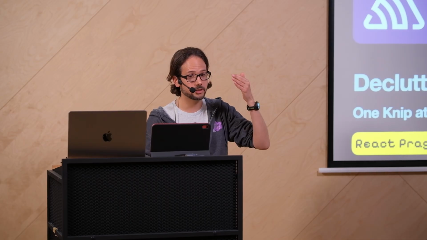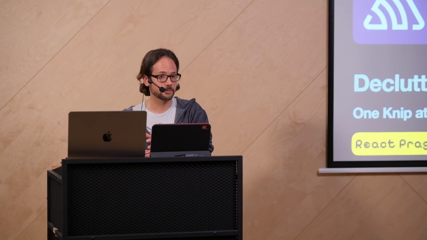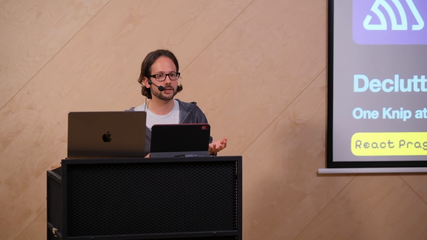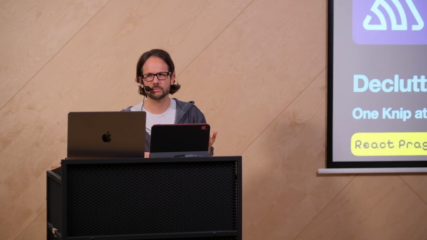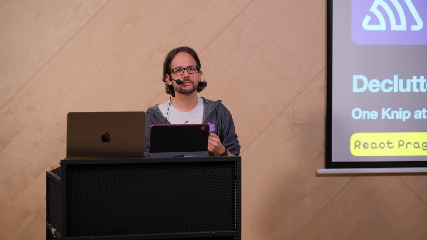So the entry point in a workspace isn't linted. But on a per package basis, you can configure it with something called, I think, include entry points, like a flag. And once you do that, it will lint those.